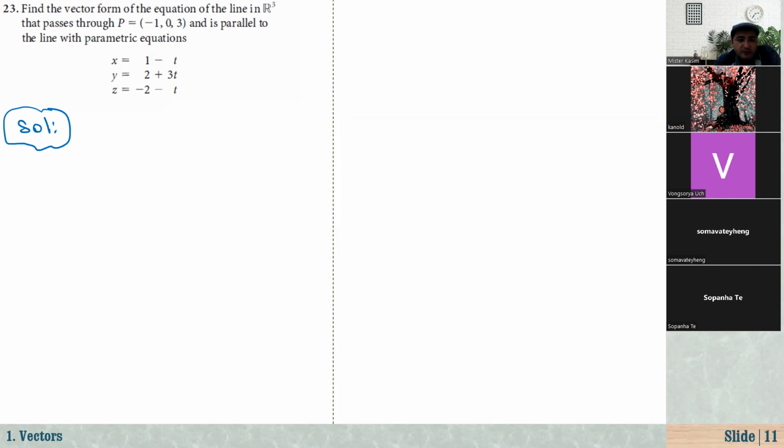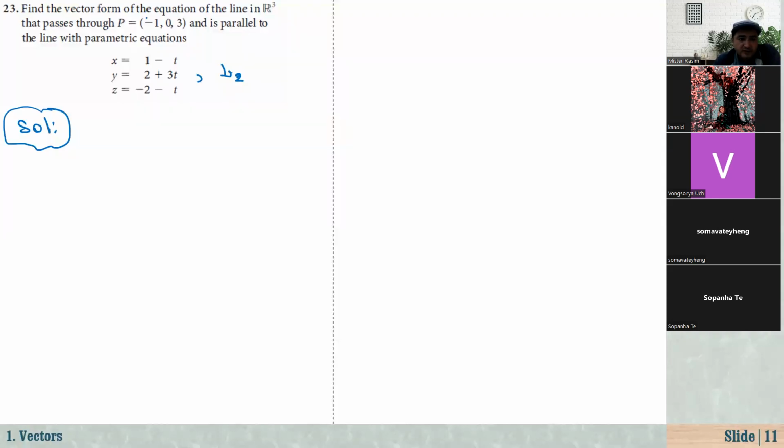Find the vector form of the equation of the line in R3 that passes through P, negative 1, 0, 3, and is parallel to the line with these parameter equations. Suppose that this is the equation of L2.